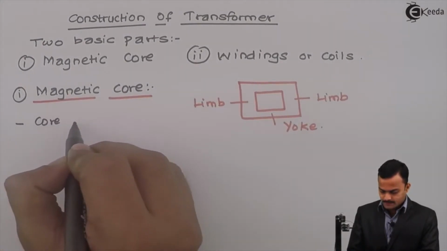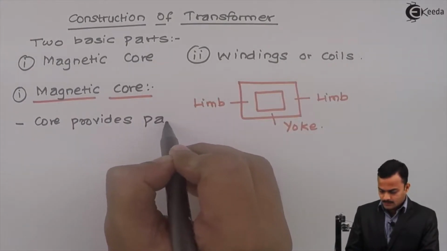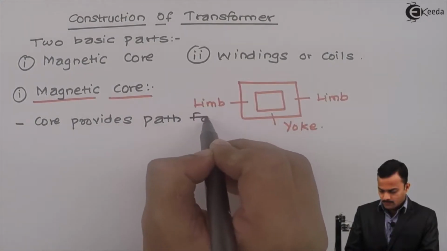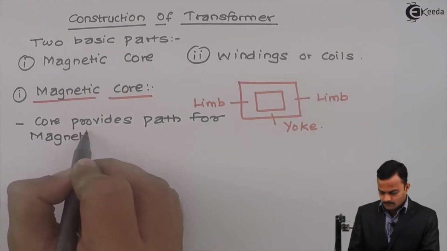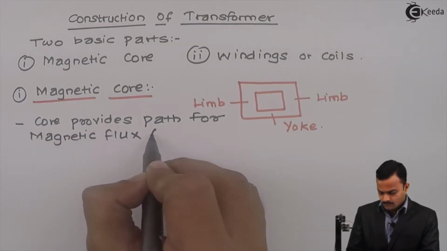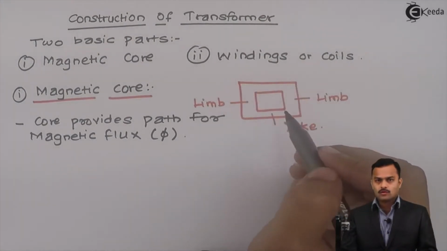Core provides path for magnetic flux. So, maximum flux will be passing through this core.